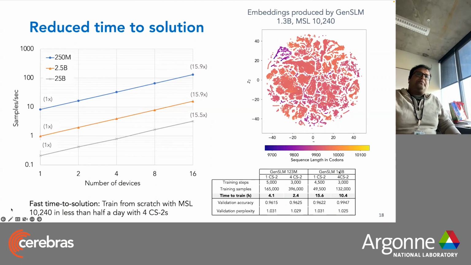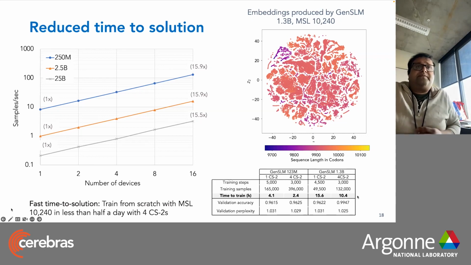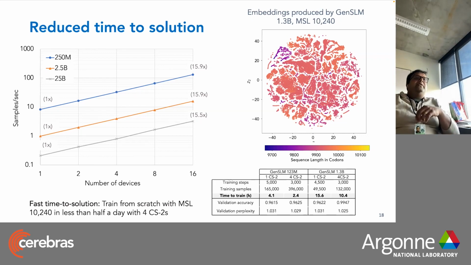On the other hand, the GenSLM with about 1.3 billion parameters takes less than 10.4 hours to reach convergence, which is cool because you get perplexity values close to ideal, like 1.025. This is also reflected in the embeddings, which are nicely clustered with respect to the rest of the sequences.